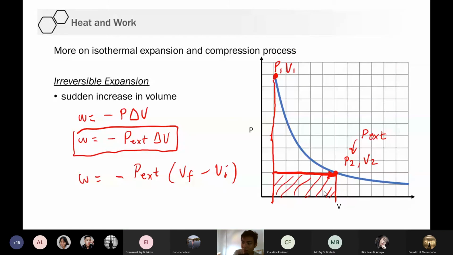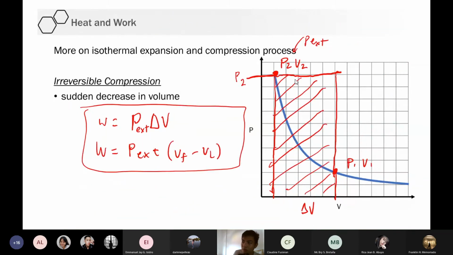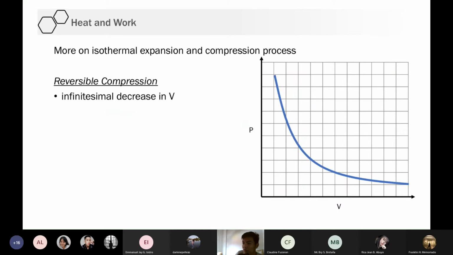Yung area in between them, yun yung work. Tapos dito naman, dito tayo natapos. So, ito yung vertical axis mo. Ito yung x-axis. So, whatever the area covered by that is your work. Yan. Dito kasi tayo natapos. Kaya ito yung area na. Ayan yung work.